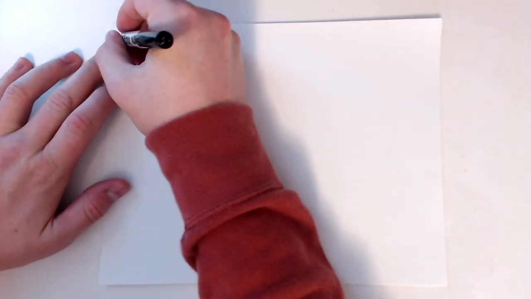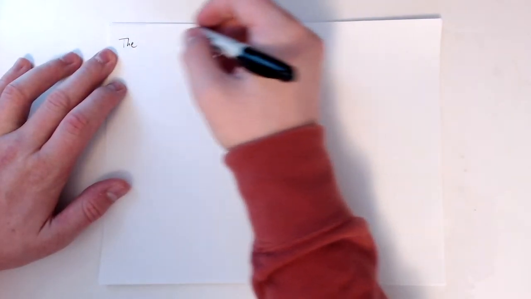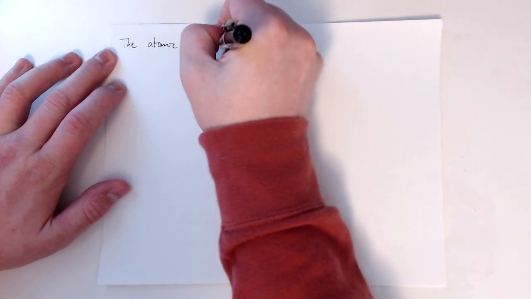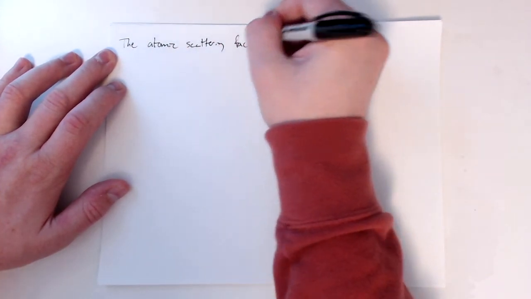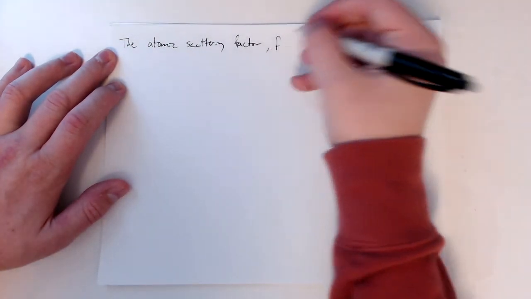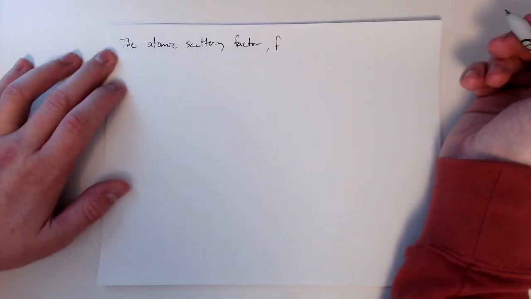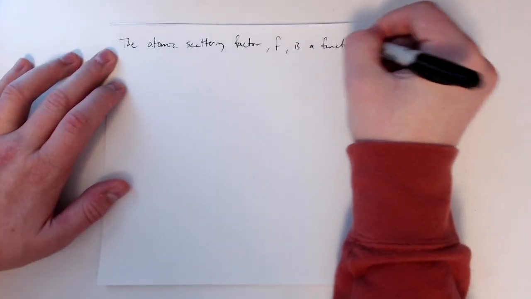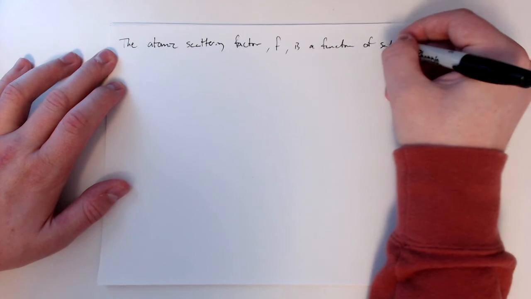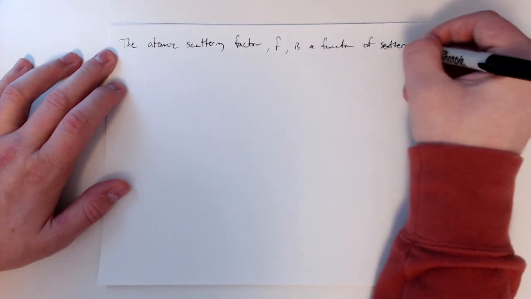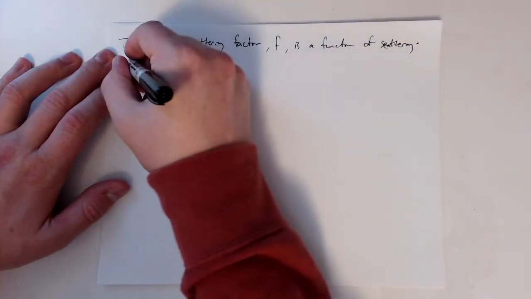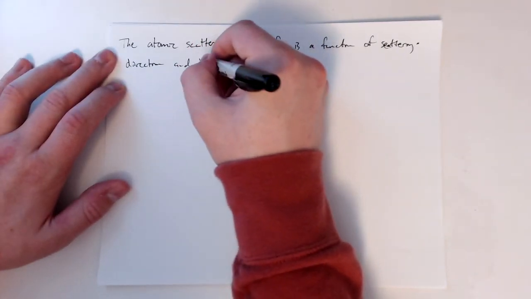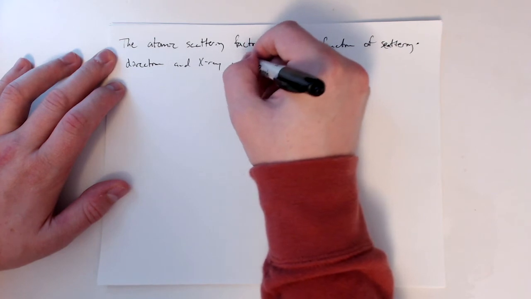That we refer to as the atomic scattering factor, and we define this with the script F. And this is a function of scattering direction and X-ray wavelength.